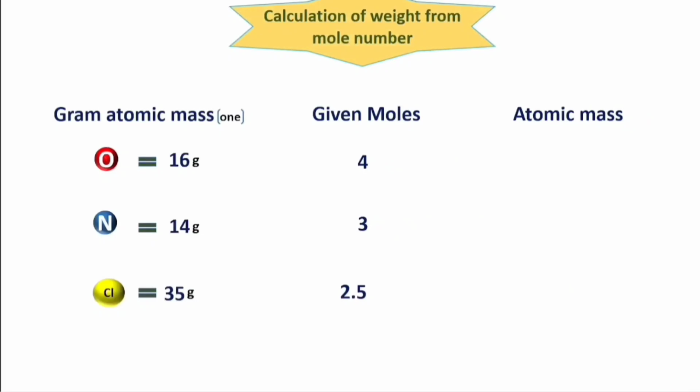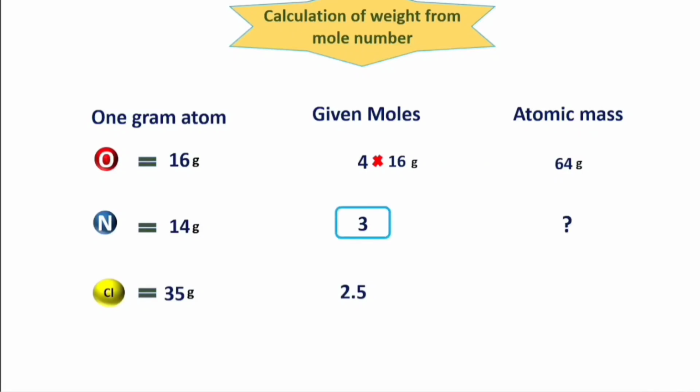By reverse calculation from given moles, we can get the given mass. This time, the number of moles is to be multiplied by the gram atomic mass. So if 4 moles of oxygen is given, so multiplying 4 moles with the gram atomic mass, that is 16 gram, we can get the given atomic mass, that is 64 gram.